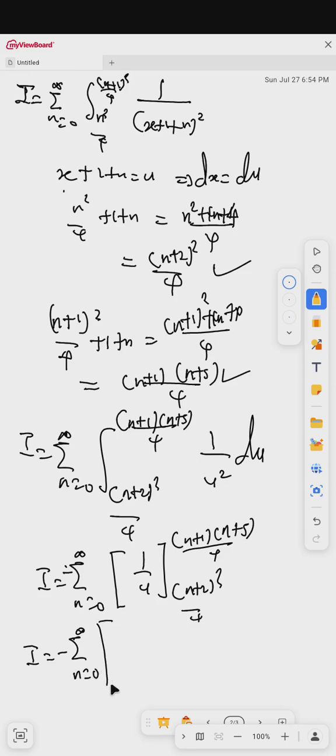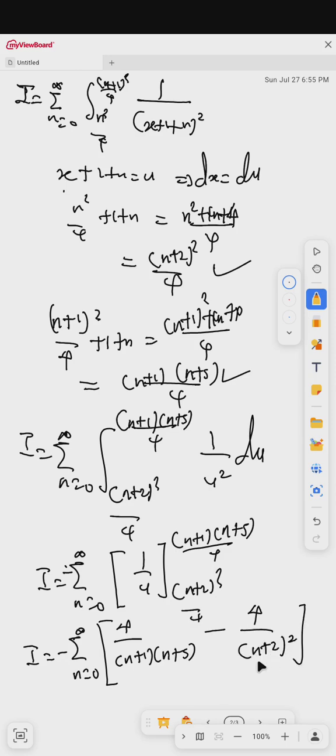Now if you substitute u to be (n plus 1)(n plus 5) over 4, 1 over (n plus 1)(n plus 5) over 4, this is 4 over (n plus 1) multiplied by (n plus 5). Then minus, if we do the same thing here also, this will be 4 over (n plus 2) raised to the power of 2.